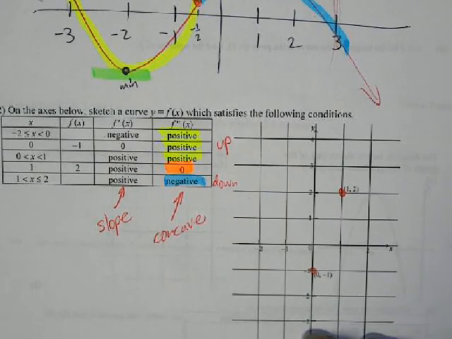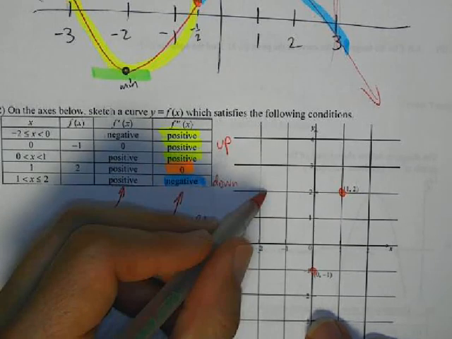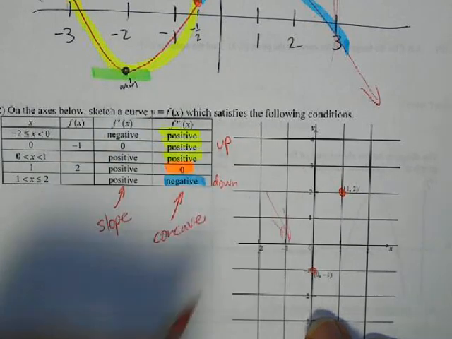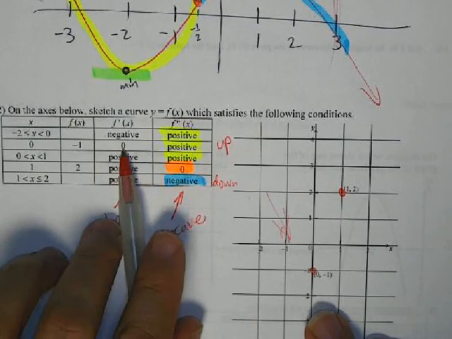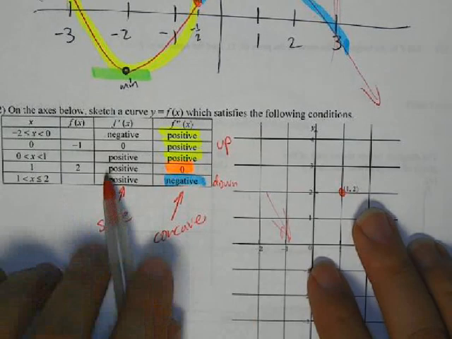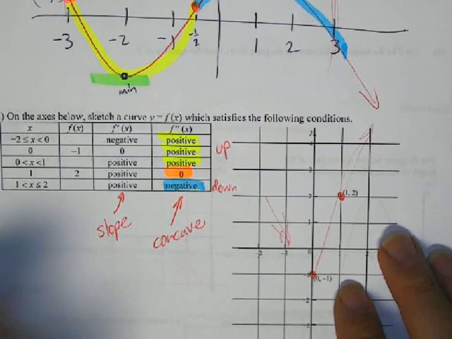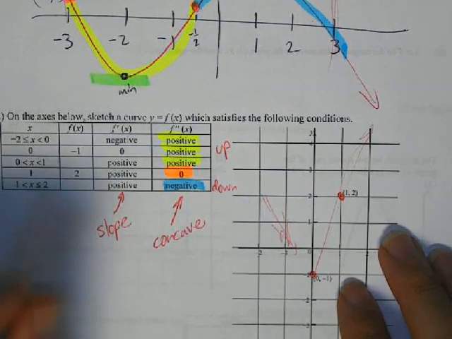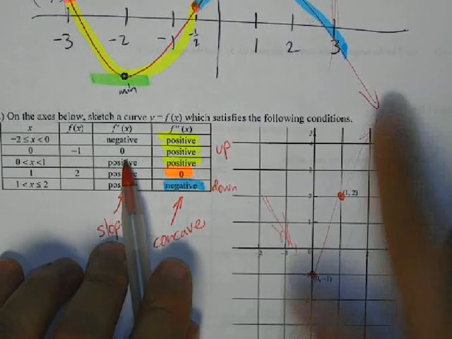Between -2 and 0, we're going down in general. And between -1 and everything else, we have a positive slope. So we go down until we get to 0, -1, and everything above is higher. Now let's look at slopes.